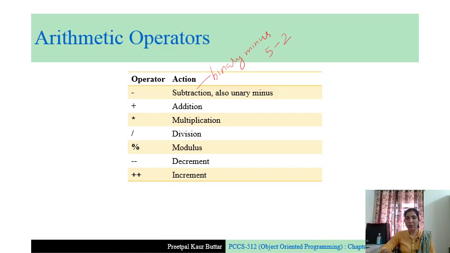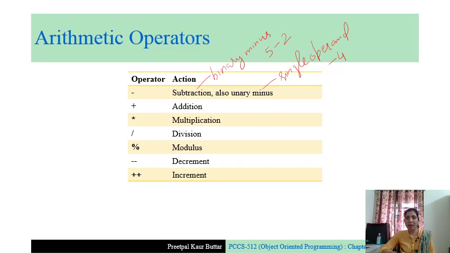This minus is operating on two values, so this is a binary minus, also known as subtraction operator. In addition to this, we have unary minus also. Unary minus means it has a single operand. It operates on a single value. For example, minus 4. It is used to represent negative values.